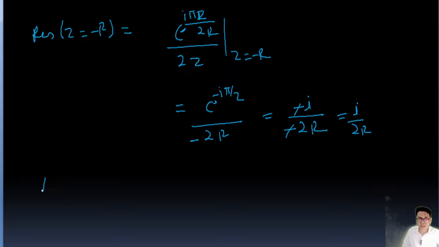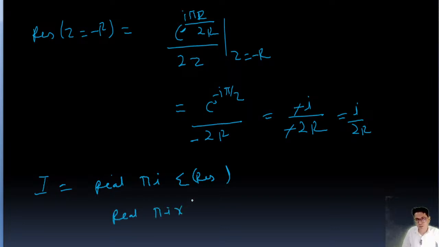It is on the real axis, then I is going to be the real part of pi i sigma residue, right? Because this is the real part, right? So this is going to be real part of pi i into sigma residue, meaning i upon 2r plus i upon 2r.